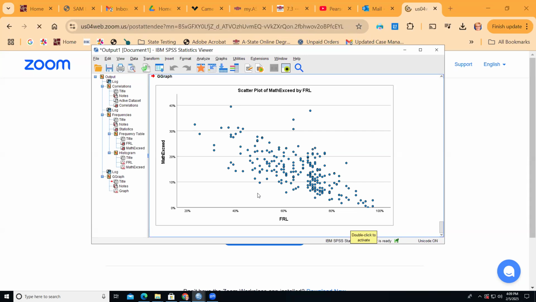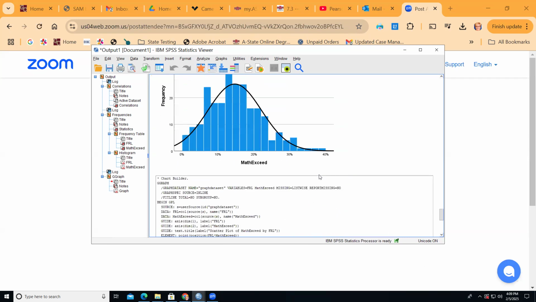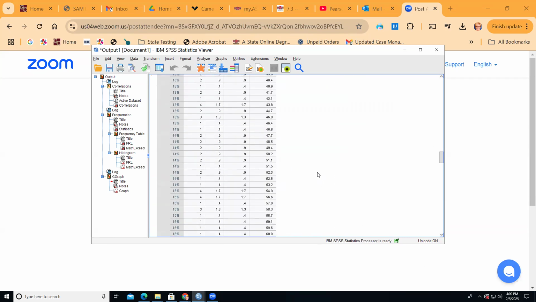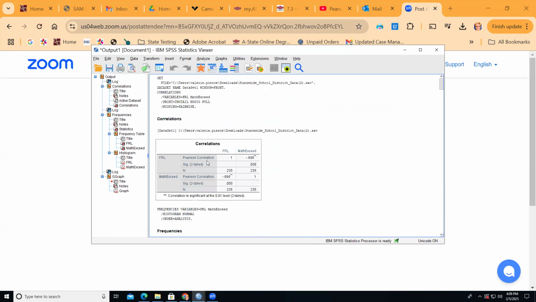So we want to look at the rest of the Pearson R. So I'm going to go back up to the Pearson test that we ran at the beginning. And we have our correlations here.